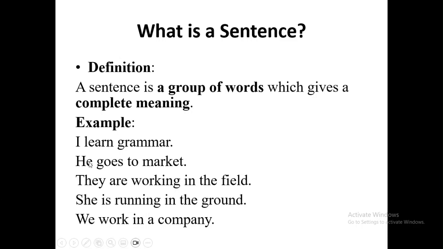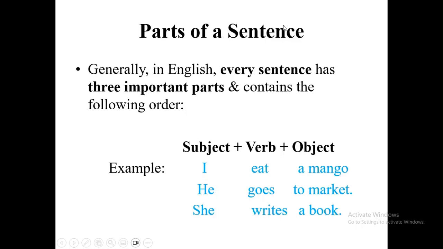Now let us try to understand the parts of a sentence. Very commonly in English, every sentence has three parts, in the following order. What are those three parts? The first one is subject, the second one is verb, and the third one is object.